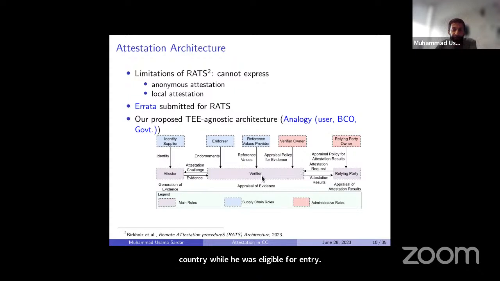So the core idea is that we need a lot of scrutiny to verify this verifier itself, which the community has not done a lot of work on. Anyway, now the problem is that the verifier needs to check the attester.